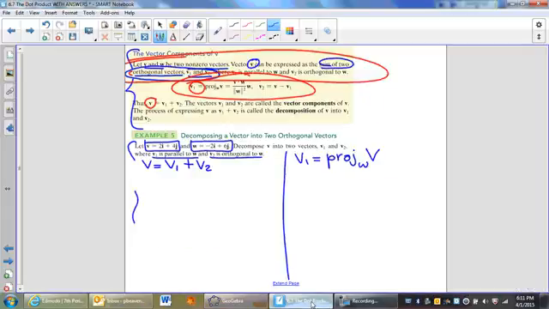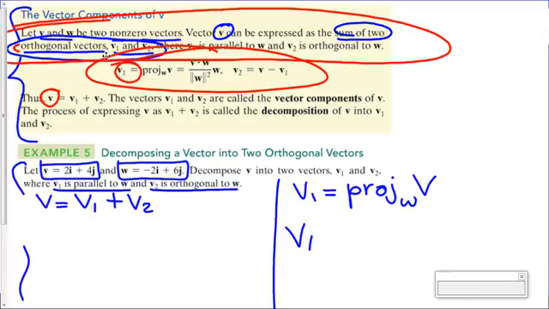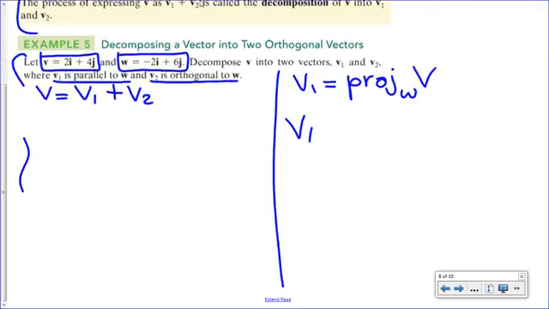So algebraically, we're going to use the formula given to us to find the vector in terms of i and j. The formula states to get the dot product of V dotted with W divided by the magnitude of W squared, and then multiply times the vector in terms of i and j.